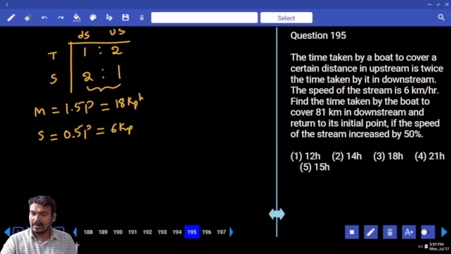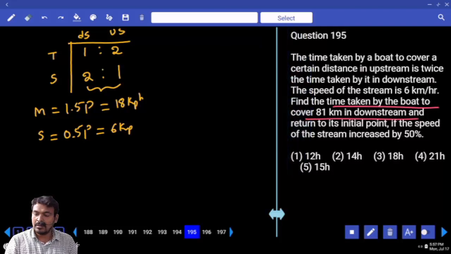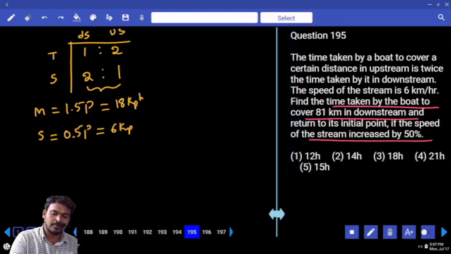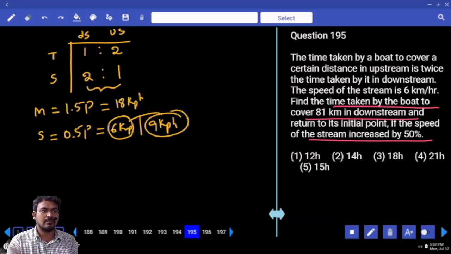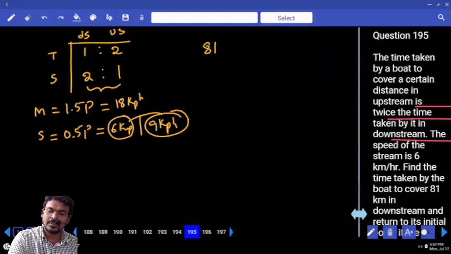Next, find the time taken by the boat to cover 81 km downstream and return to the initial point. Means we require total time. If the speed of the stream is increased by 50%, the speed of the stream was already 6. Increased by 50% means 9 km per hour. One case it will be downstream, another case upstream. What is the distance in downstream? 81.